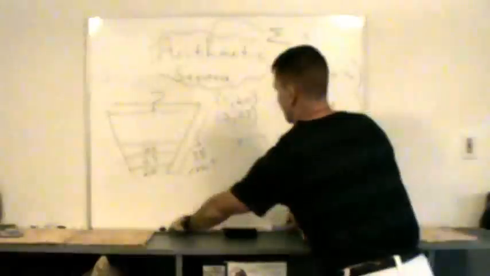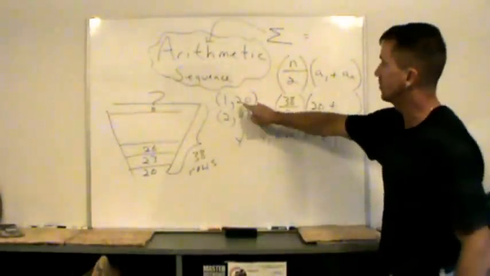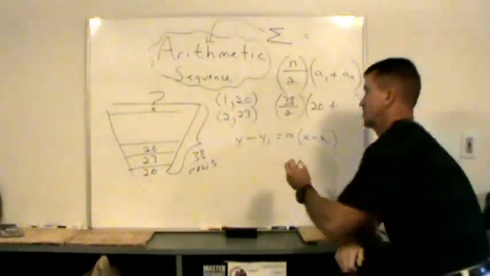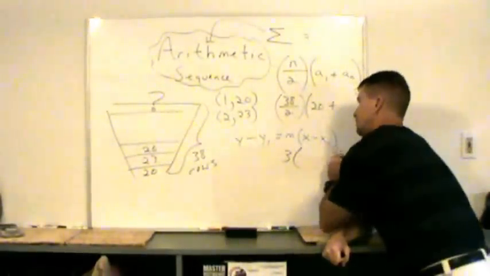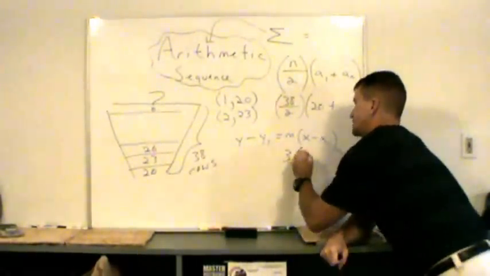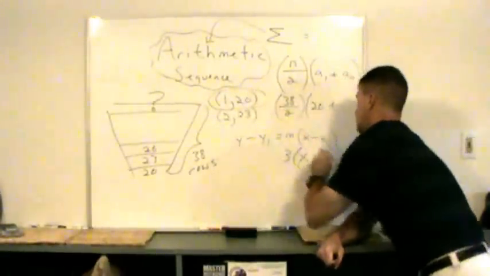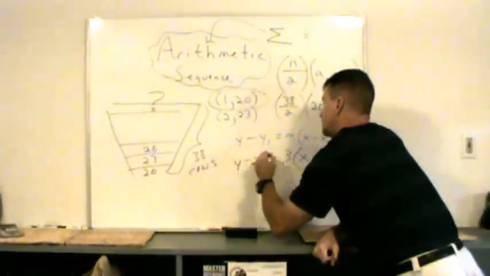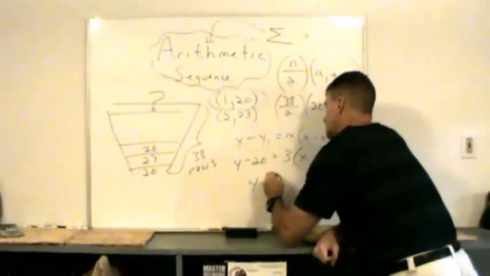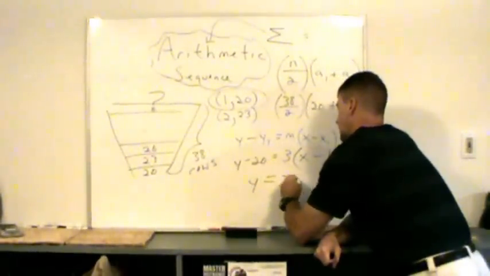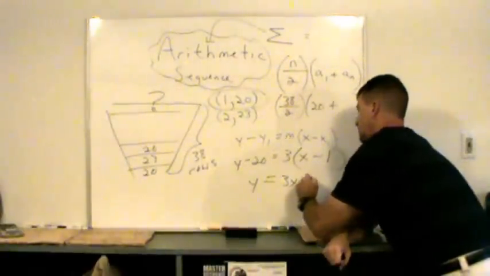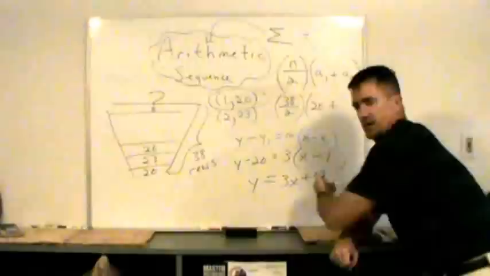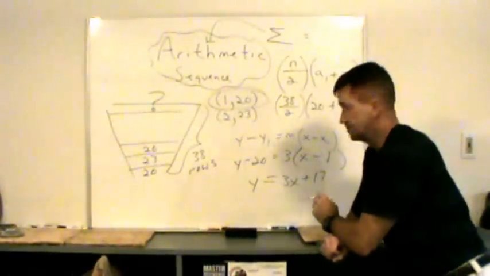If I find the slope, 23 minus 20 over 2 minus 1, the slope is 3. Then x minus 1 and y minus 20, using this point. Now I have a formula: 3x minus 3, add the 20, I get plus 17. There's the linear equation representing this problem.